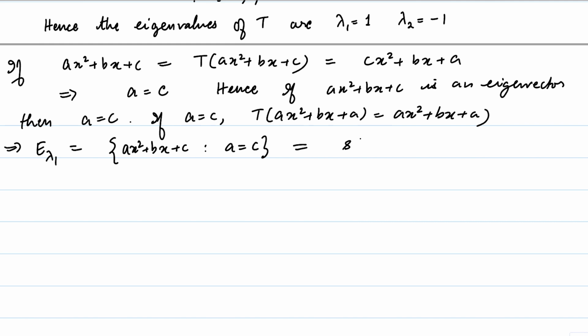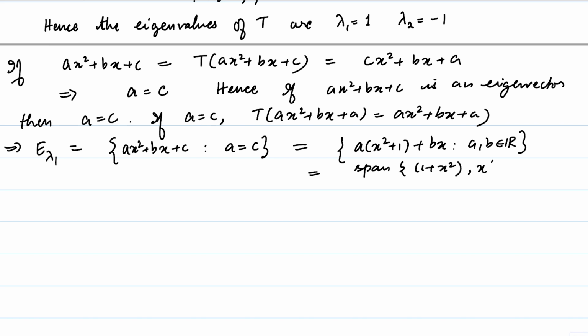This is just a times x square plus 1 plus bx, where a, b belong to R. So we know exactly what the spanning set, the basis of this, is: the span of 1 plus x square, comma x. So this is going to be the eigenspace corresponding to lambda 1.